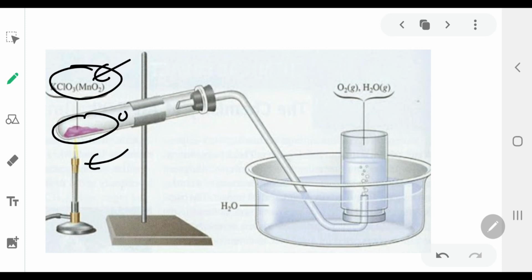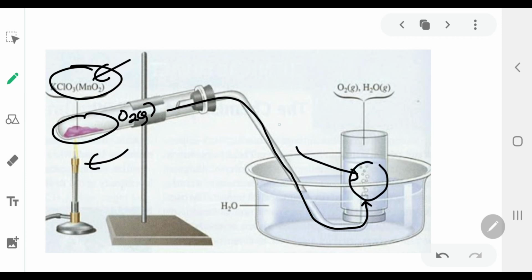The oxygen gas particles will travel along this tube again. As you can see, you have bubbles over there. Those bubbles are oxygen gas.